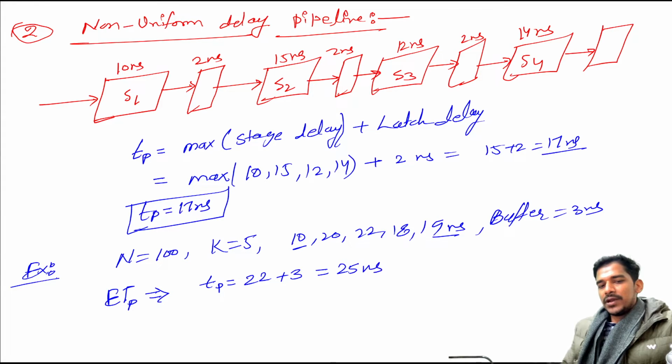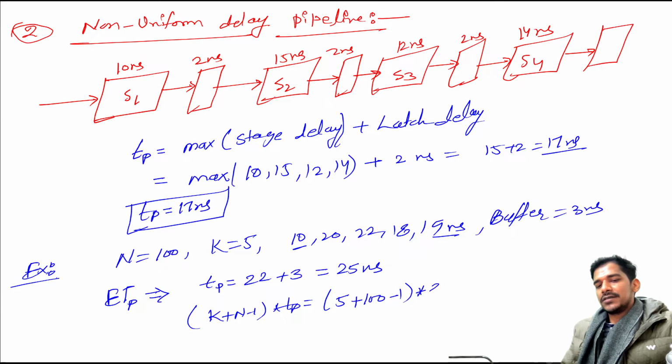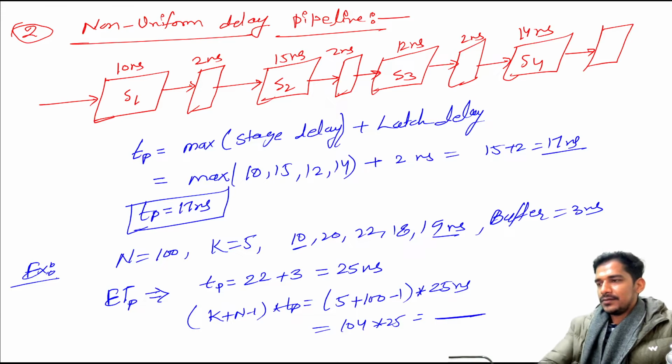Then you will apply your formula, that is (k plus n minus 1) into Tp, which will be simply the number of stages 5, plus number of instructions 100 minus 1, into 25 nanoseconds, right? So 104 into 25. Whatever it comes out to be, that will be your answer. That is your non-uniform delay pipelining.